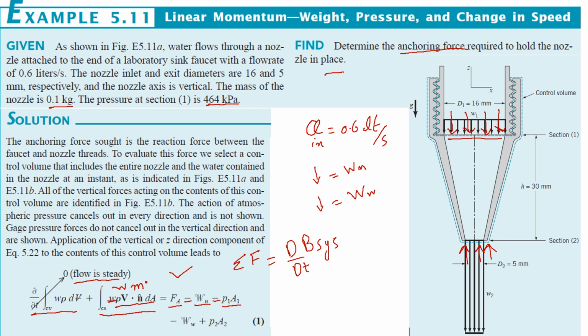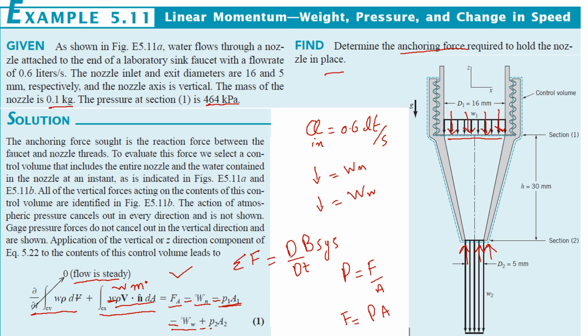As you know, pressure is force per unit area, so the pressure force is pressure times area. This is what this term is telling us. This is the pressure force at section 1, and the negative sign shows the direction. Then the weight of the water, because I've taken the weight of the nozzle, now I have to take the weight of the water. The weight of the water will also be directed downward, so the negative sign here.